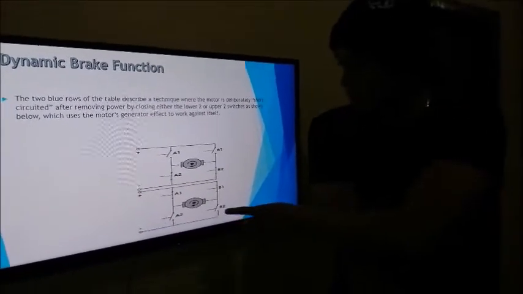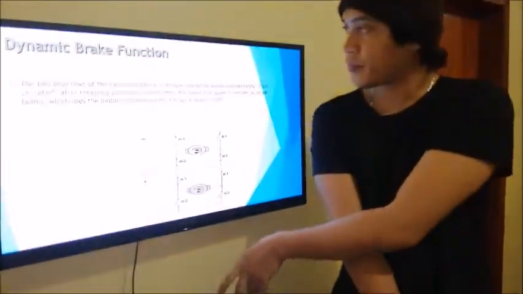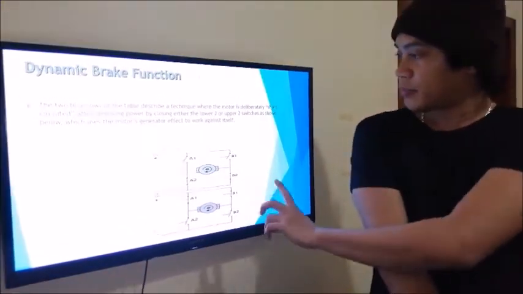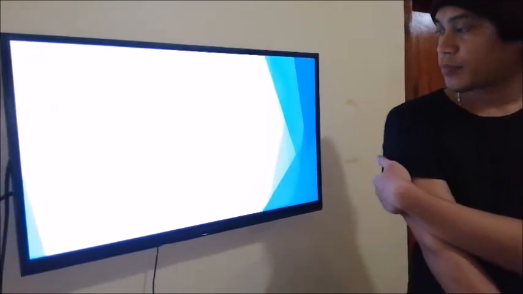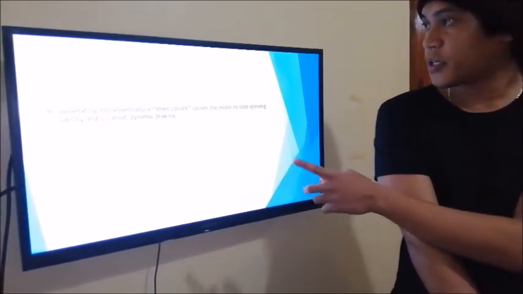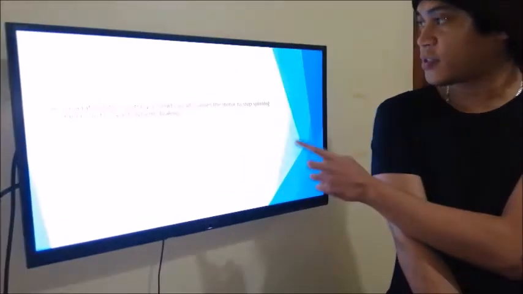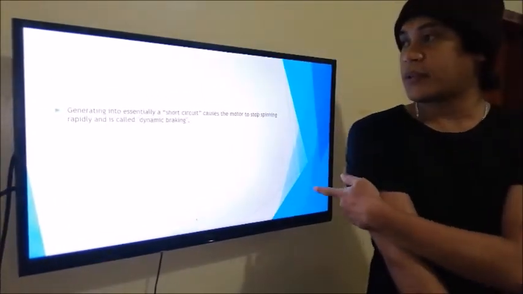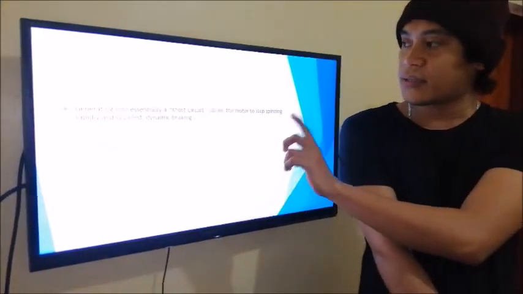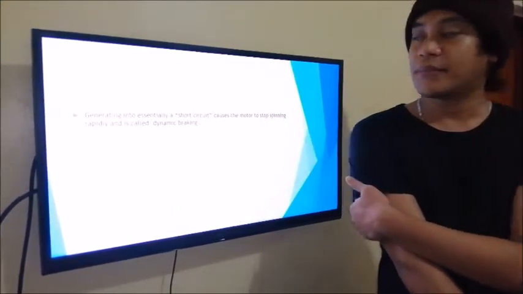So this is the diagram. Generating into essentially a short circuit causes the motor to stop spinning rapidly and is called dynamic braking.